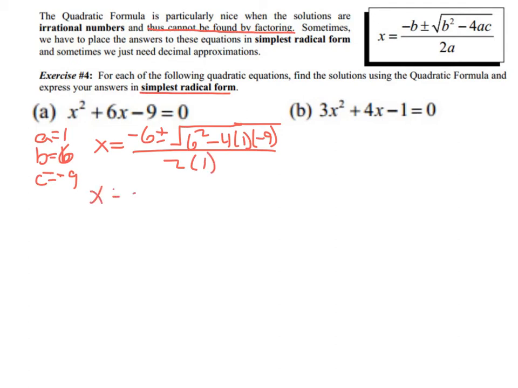So then x equals negative 6 plus or minus the square root of 36. And in this case, negative 4 times 1 times negative 9 is another 36, so that's plus 36, all divided by 2.